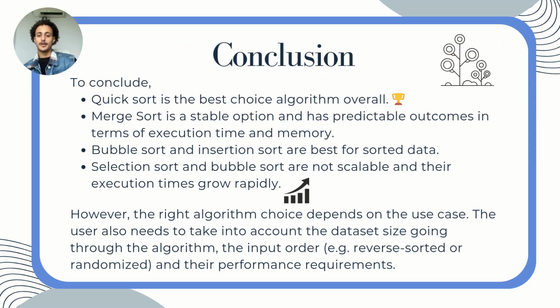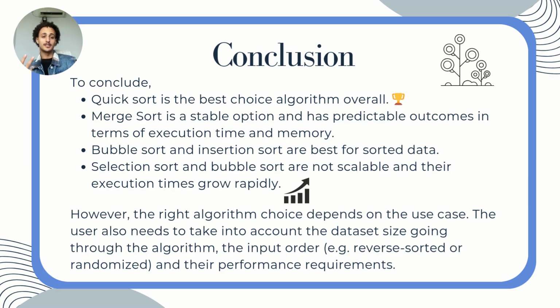Finally, to conclude our project, I will give an overall review of all algorithms. So first, quick sort is the best performing algorithm. It gives fast execution times and handles large datasets. Merge sort is also a strong option, especially because it's stable and has predictable performance.